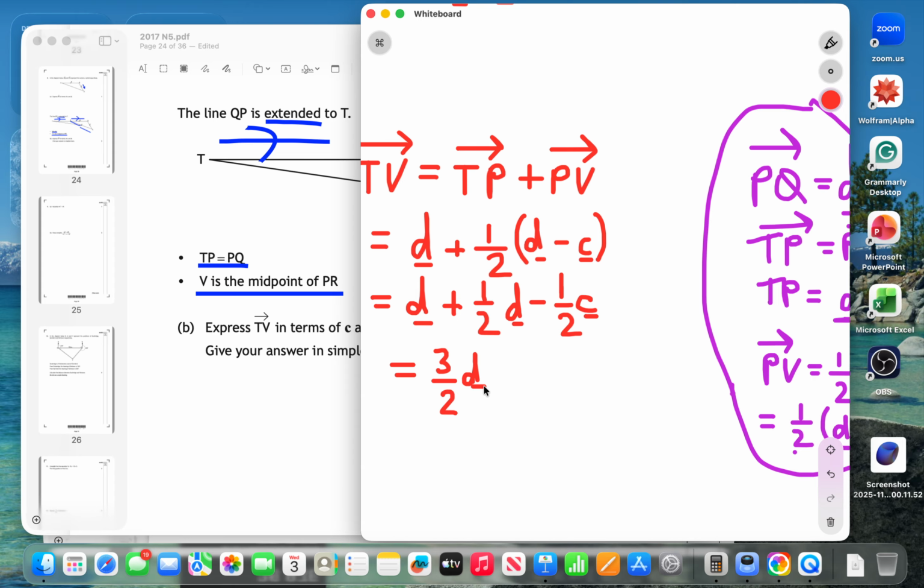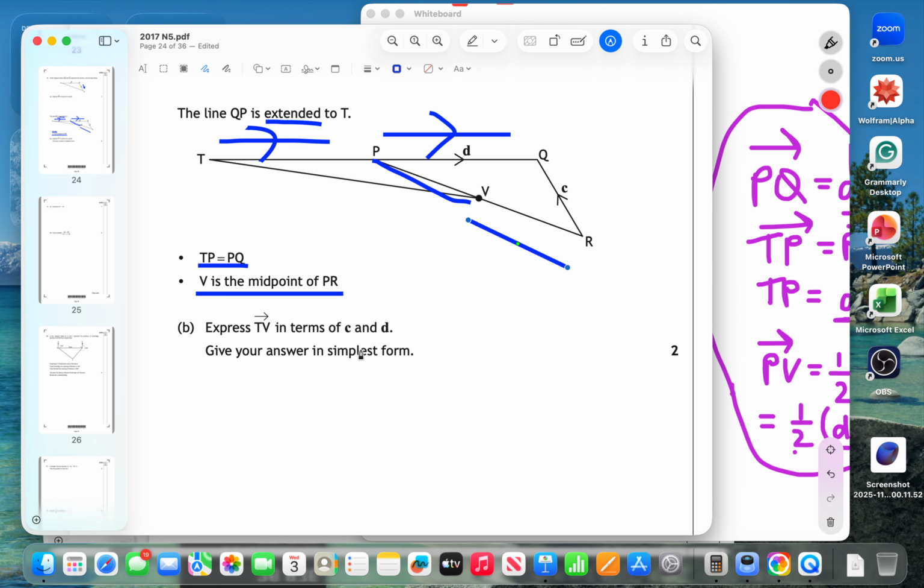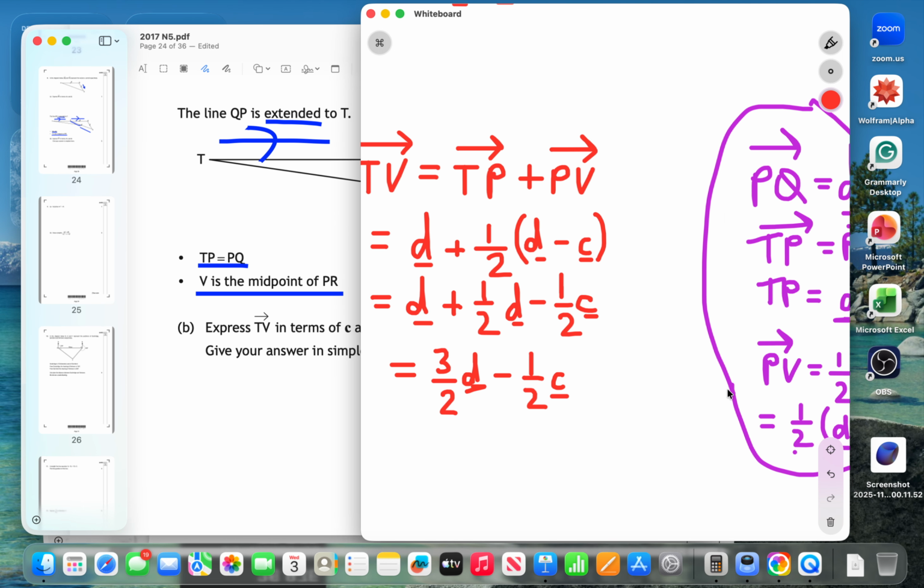So 3/2 D minus 1/2 C. That's it in its simplest form, and we've got it in terms of C and D. So that would be us done.